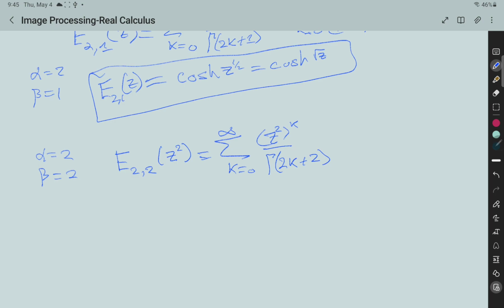So this is k equal to 0 to infinity, the top is z to the 2k, and the bottom, gamma of 2k plus 2, is the same thing as 2k plus 1 factorial.